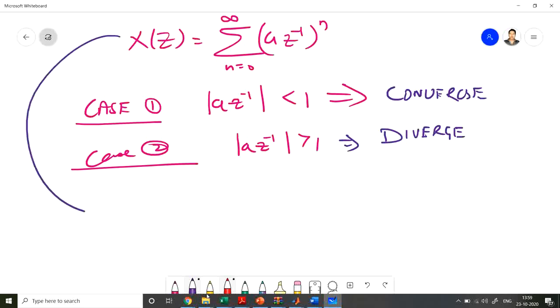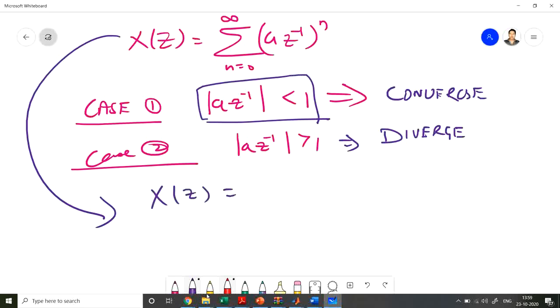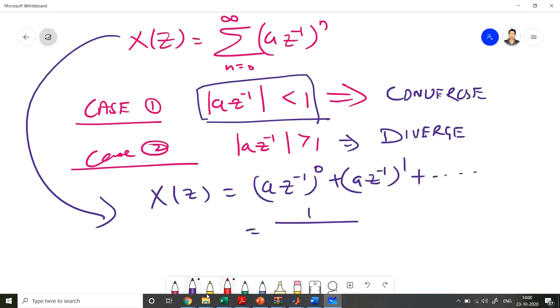So basically we are considering this case. The z transform by considering this case is (a z inverse) raised to the power 0 plus (a z inverse) raised to the power 1 plus dot dot dot, which is an infinite GP. So it is 1 divided by 1 minus a z inverse. And what is the ROC?